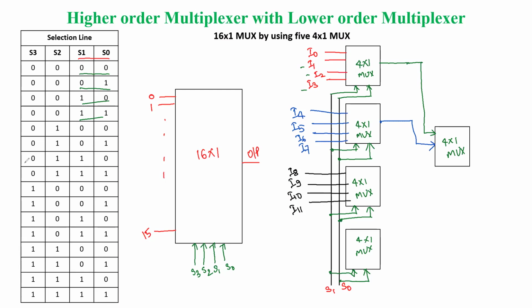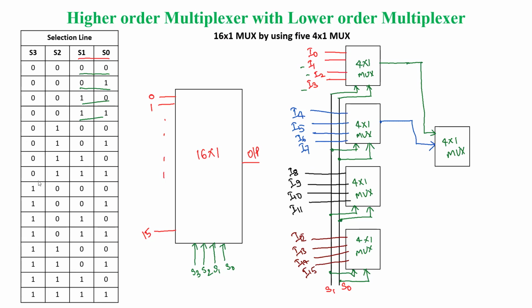And again we have another one, the last one of the first stage. It also has 4 inputs: I12, I13, I14, I15. So there are 16 inputs in total.